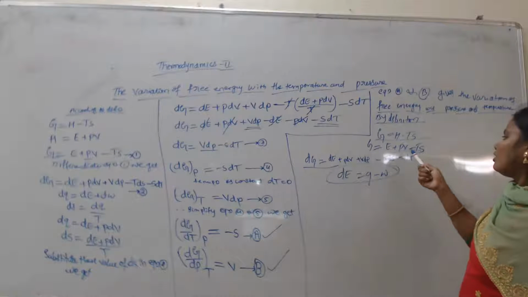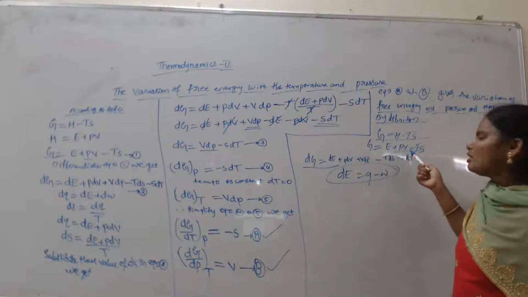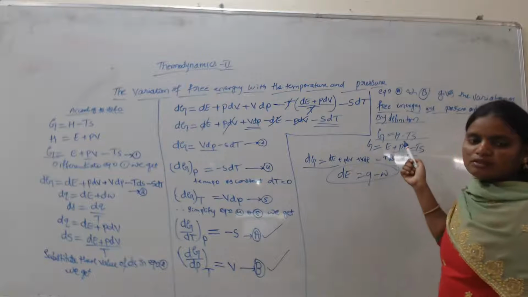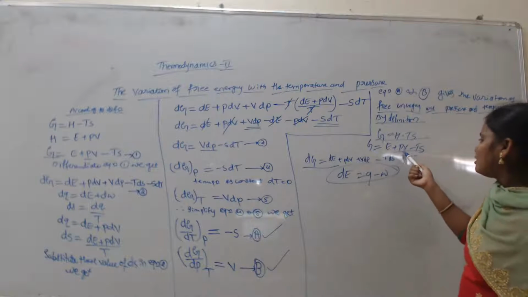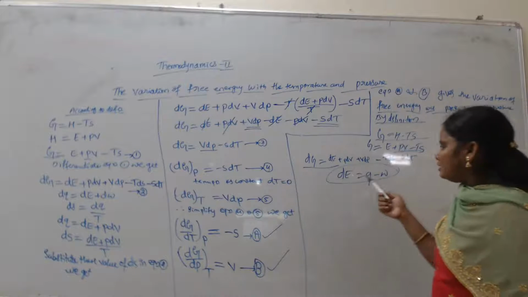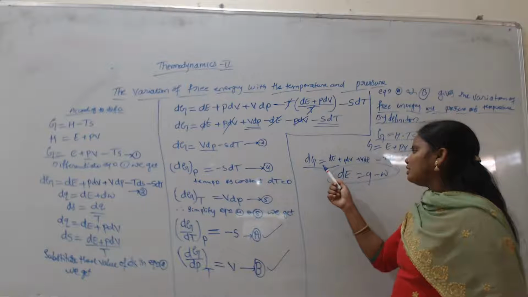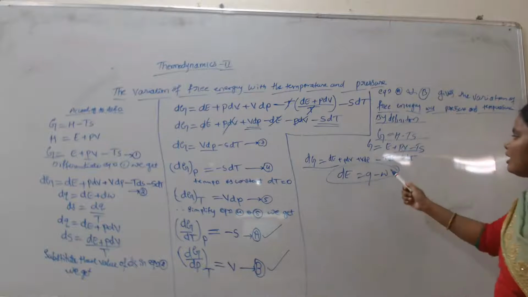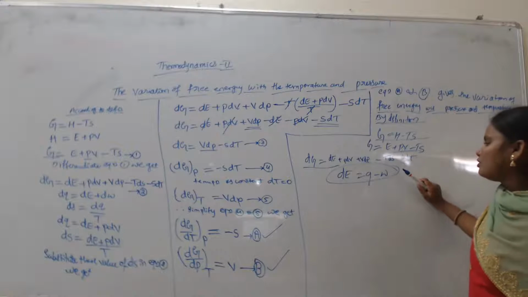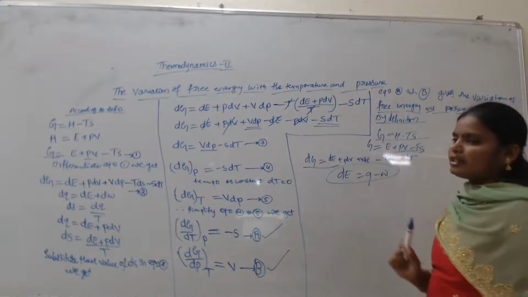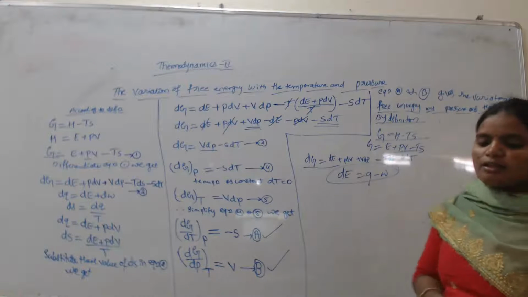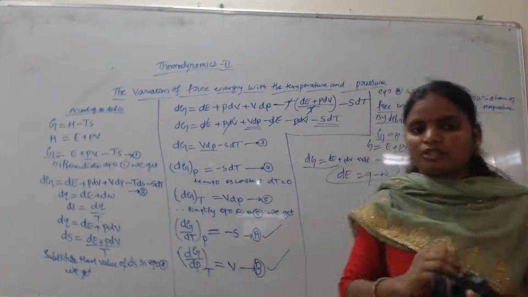Differentiate the first function keeping the second constant, then write the first function as it is and differentiate the second function. Finally we get dG is equal to dE plus P dV plus V dP minus T dS minus S dT, with the first law of thermodynamics dE is equal to Q minus W. This is the variation of the free energy with temperature and pressure.